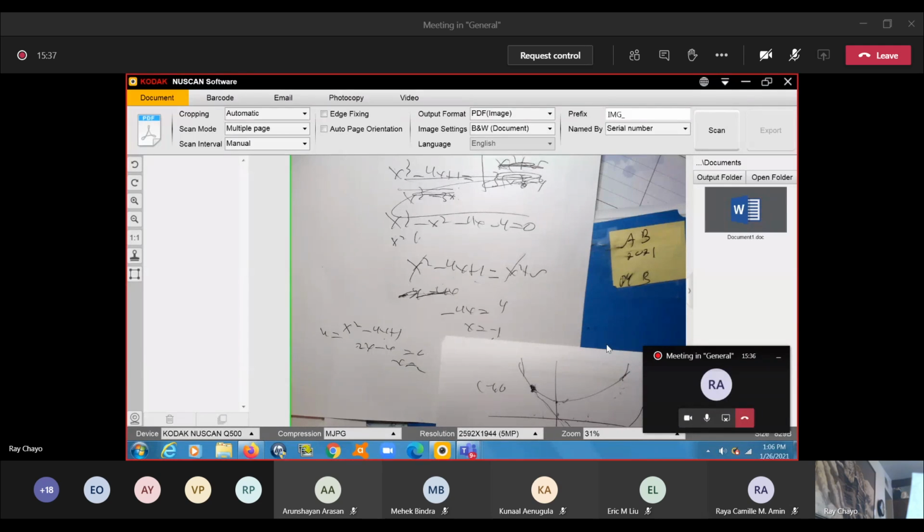So let me try it out here. X squared minus 4x plus 1, and the other one is x squared plus 5. If they only meet in one place, let me get a graph on my calculator.